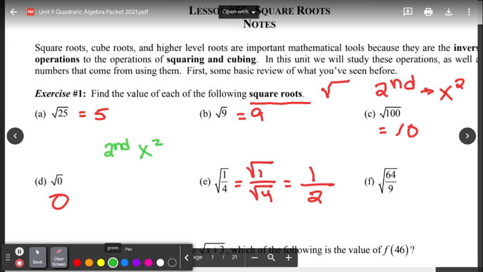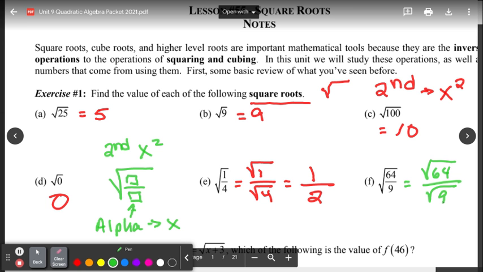And then once you have that, you can turn a fraction in there. Remember, to get your fraction, you type alpha and then x. And then you can type it in that way, whichever way is easiest for you. So for letter F, I'm just going to do the square root way. So the square root of 64 is 8, and the square root of 9 is 3.